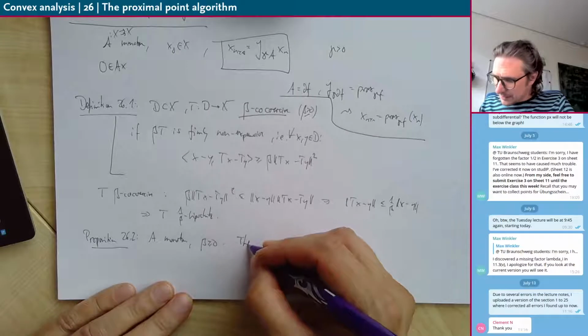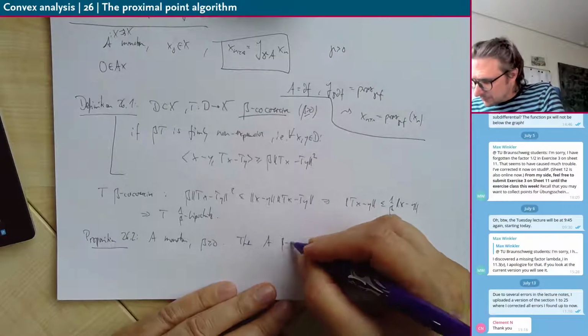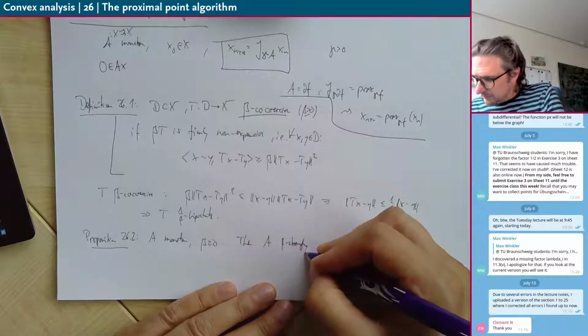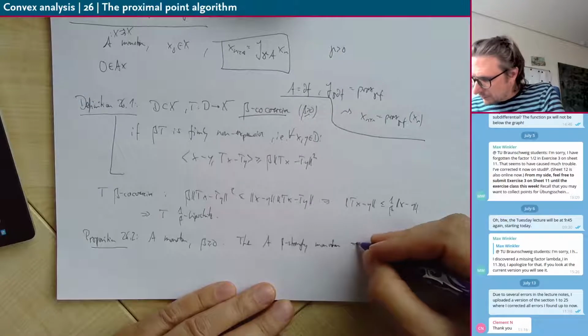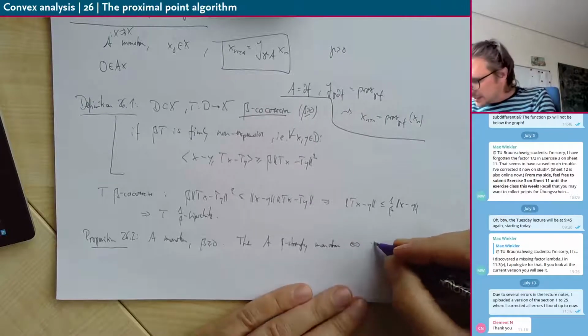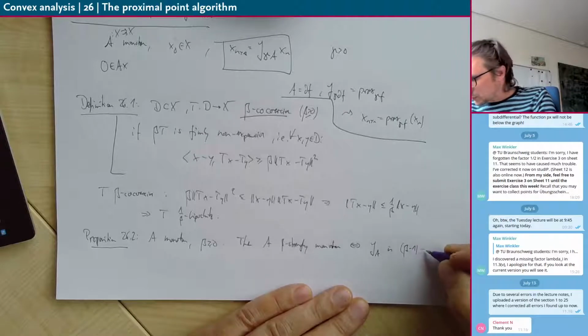Then we could say that A is beta strongly monotone if and only if the resolvent J_A is beta plus 1 coercive.